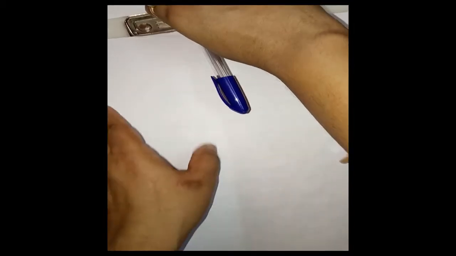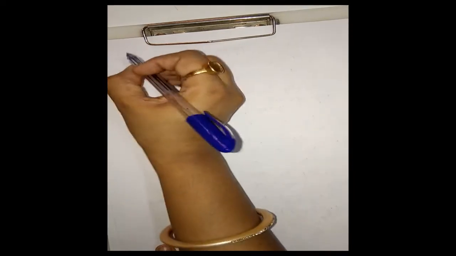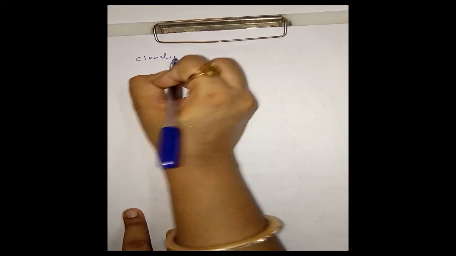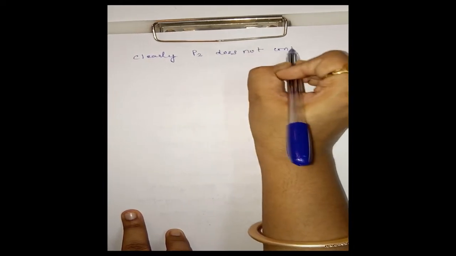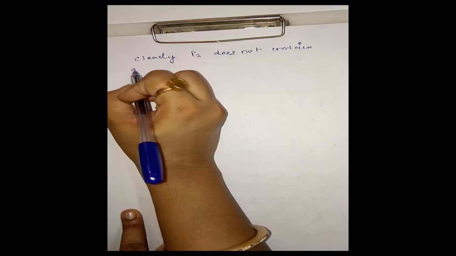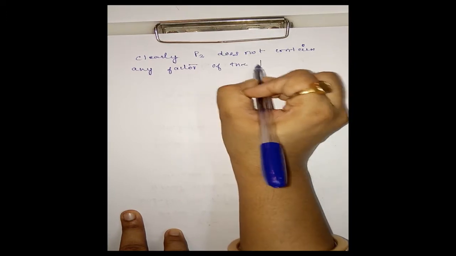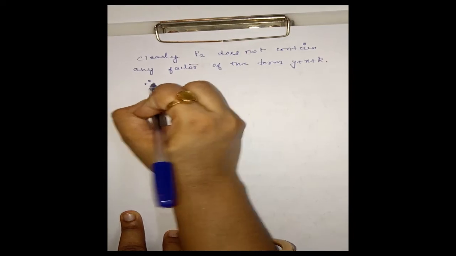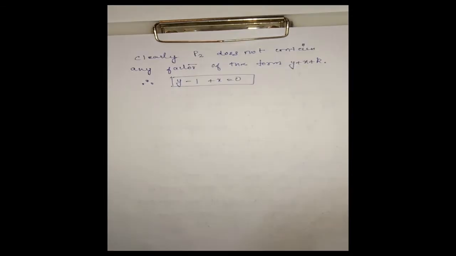Therefore, it is clear that p2 does not contain any factor of the form y plus x plus k, and therefore y minus 1 plus x is equal to 0 is an asymptote.